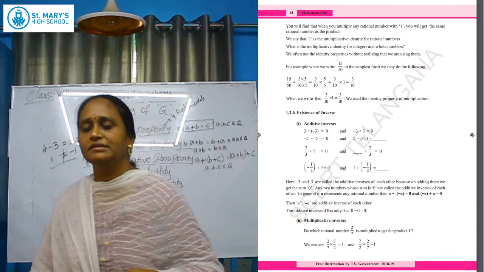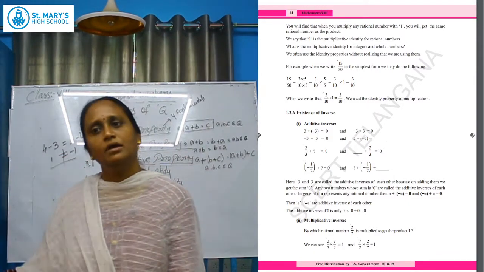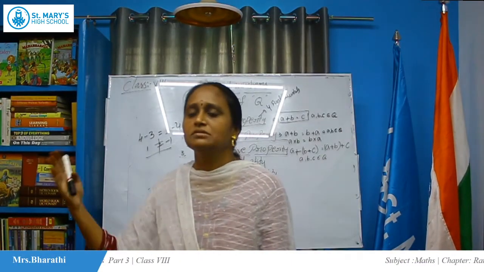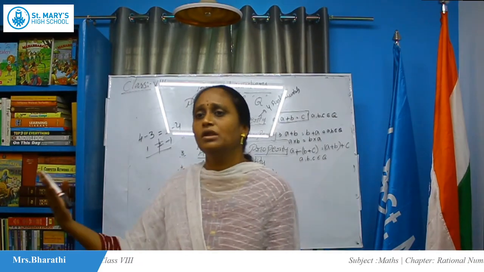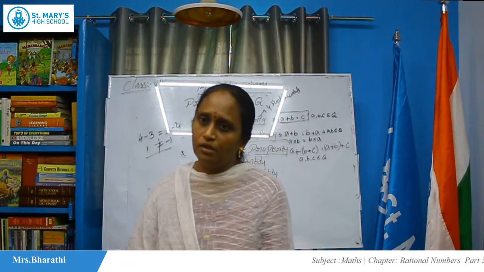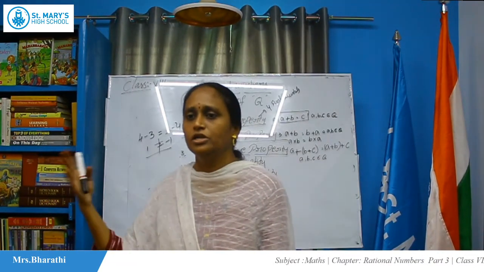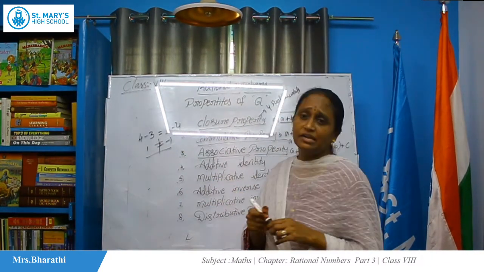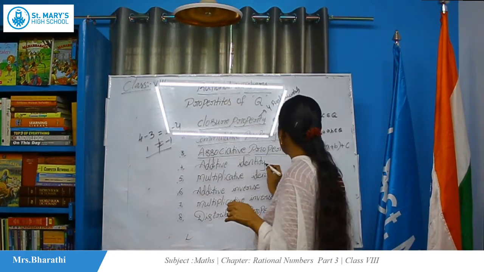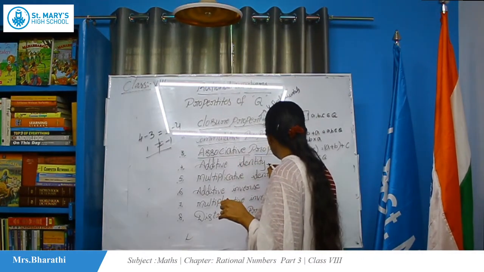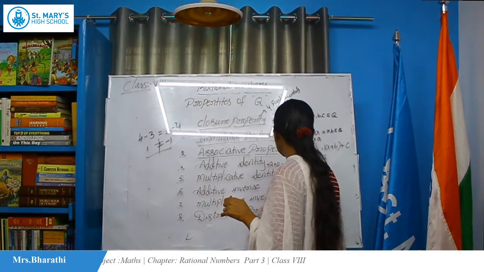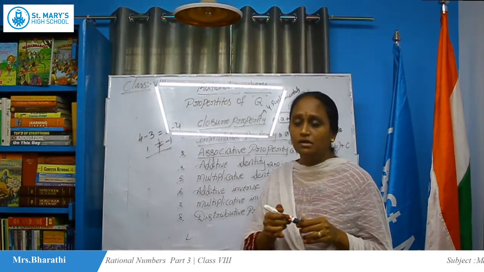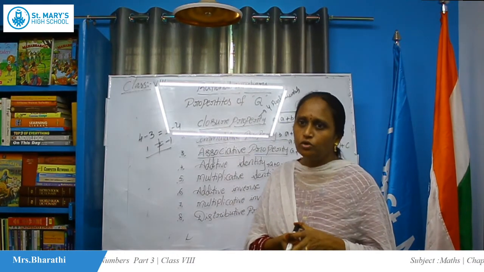In 8th class, additive identity has one more name, the role of 0, and also the element of additive identity. What is the general form of additive identity? A plus 0 equal to 0 plus A equal to A only. So that means 0 is additive identity.